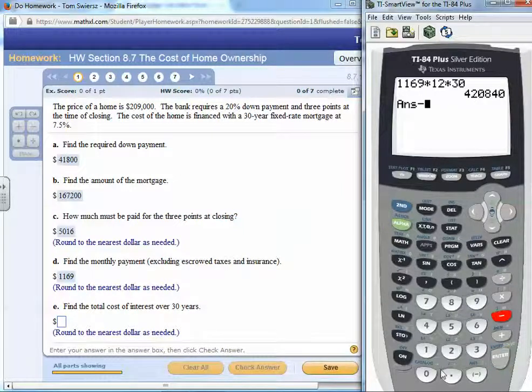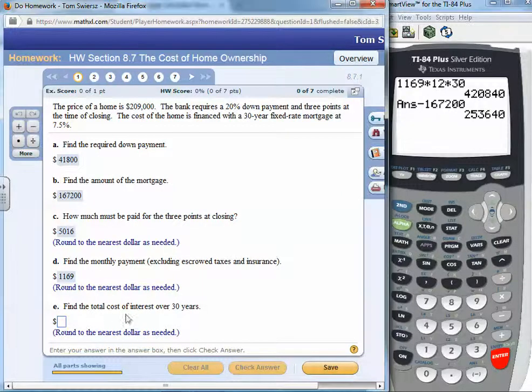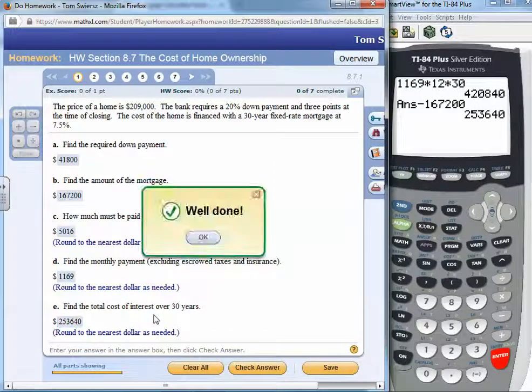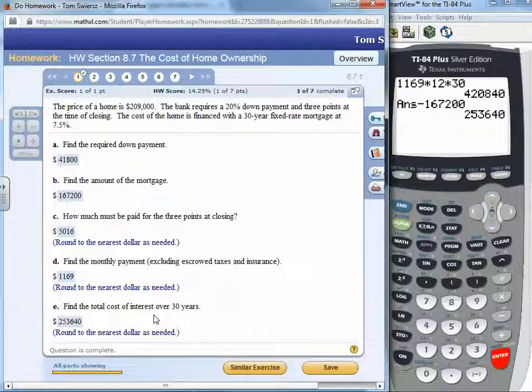So we'll subtract the amount of the mortgage, $167,200, to see how much extra we paid. In this case, it is $253,640, and again, the extra corresponds to the total cost of interest. So that would be our total cost of interest, $253,640. And that indeed is the correct answer.